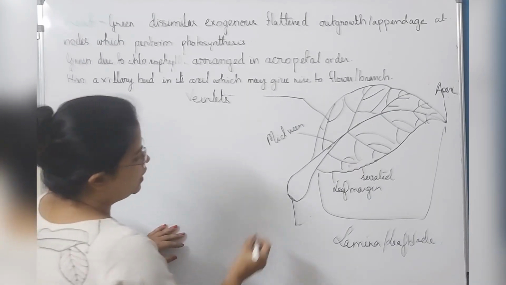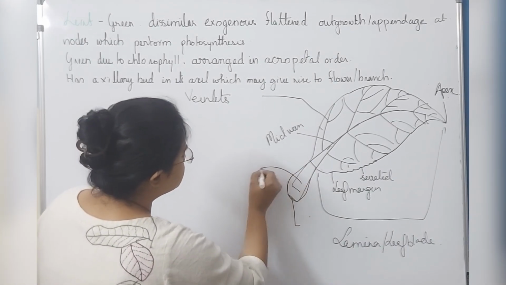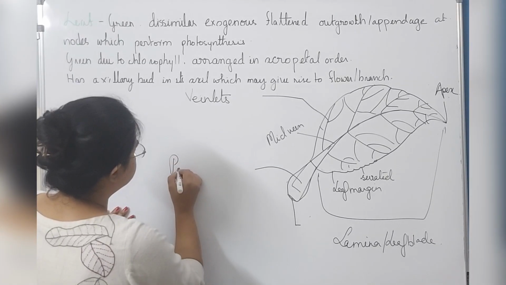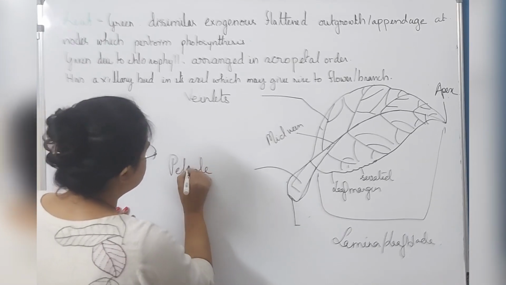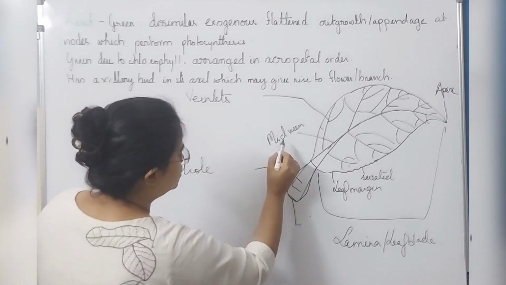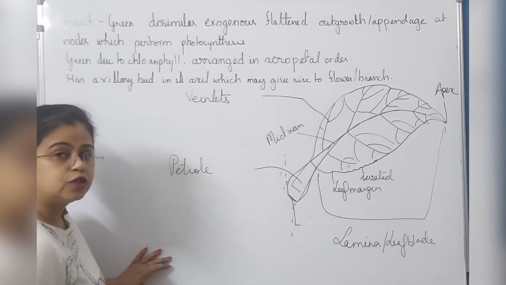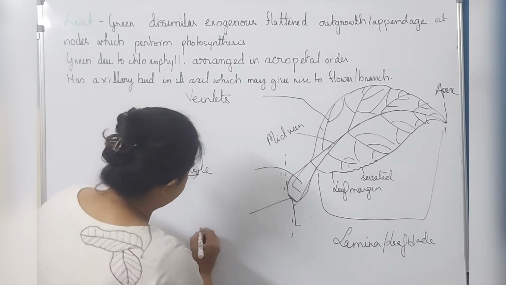Okay? ये जो part है, this part, this is the petiole, and this part which attaches to, यहाँ पे एक stem imagine कीजिए, to the branch or the stem, that is called the leaf base.